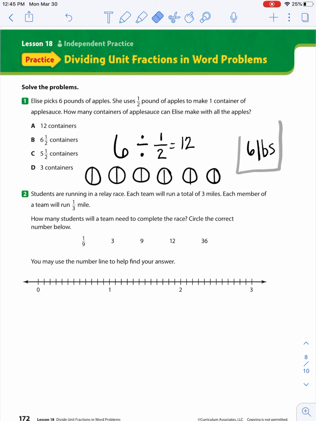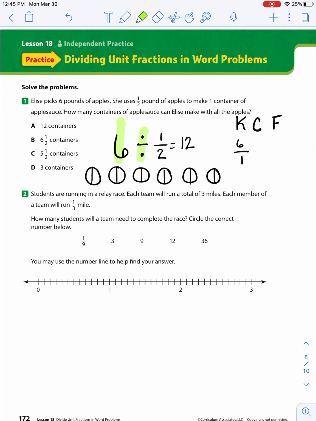Now, one other thing that I'd like to show you, boys and girls, is let's go back to that old school algorithm. Those of you parents that are looking at this, you might remember this from the way that we learned. We call it keep, change, flip. So we keep the first part the same, but we need to write it as a fraction. So 6 wholes is 6 over 1.